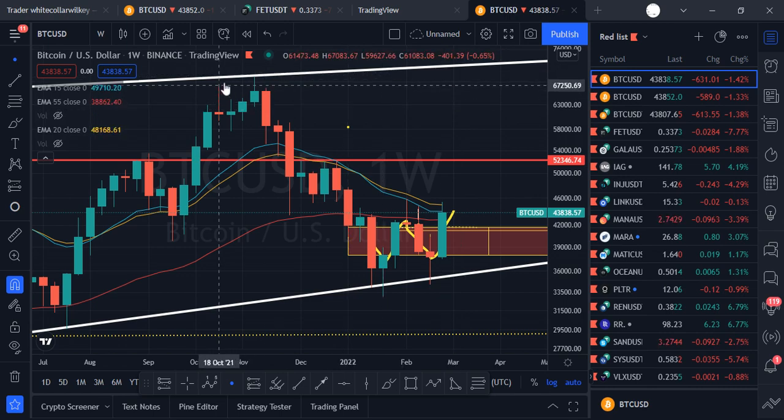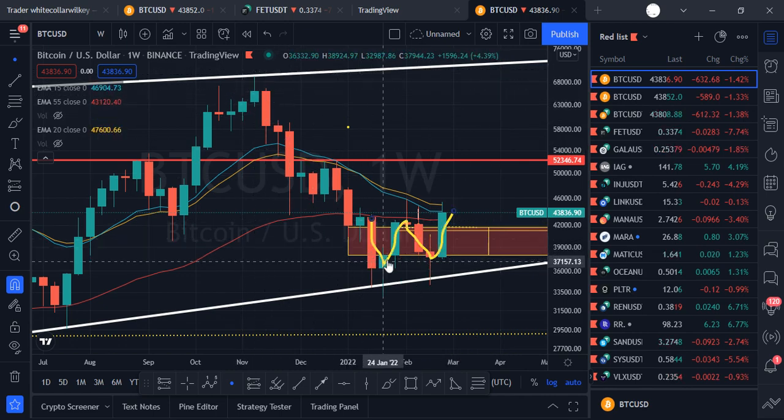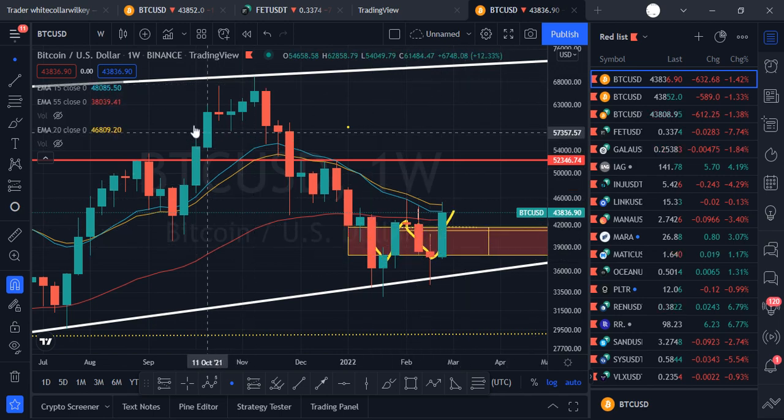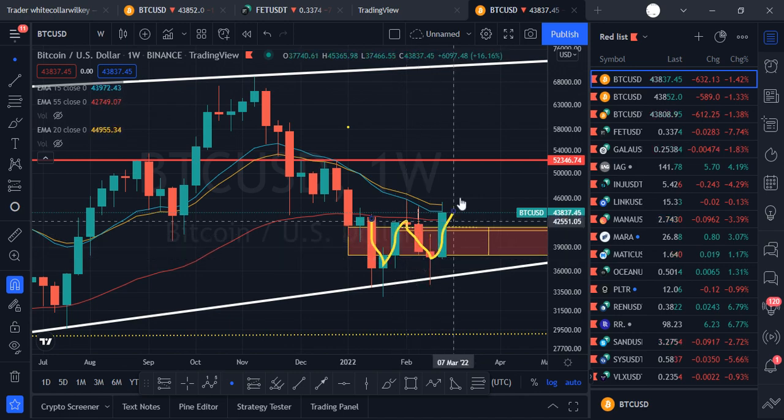There's nothing more than seeing just going the opposite way as an indication that there is an impending reversal, going the opposite way of the previous trend. The inverse of this is a double top. 1, 2, double top, coming down, and then to the double bottom, preparing for a reversal of the trend.